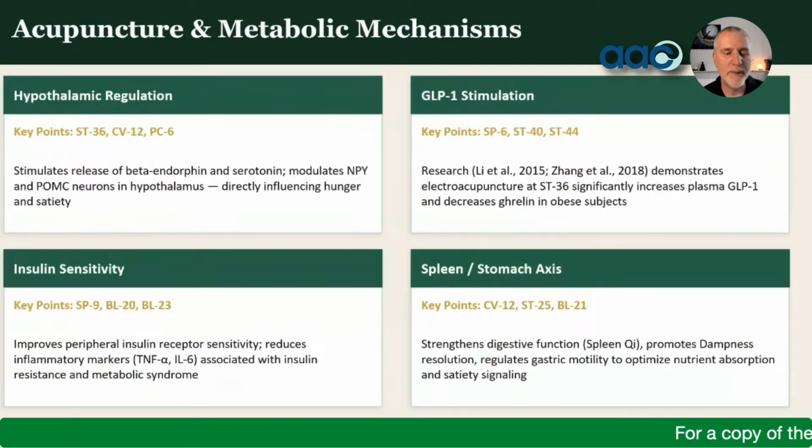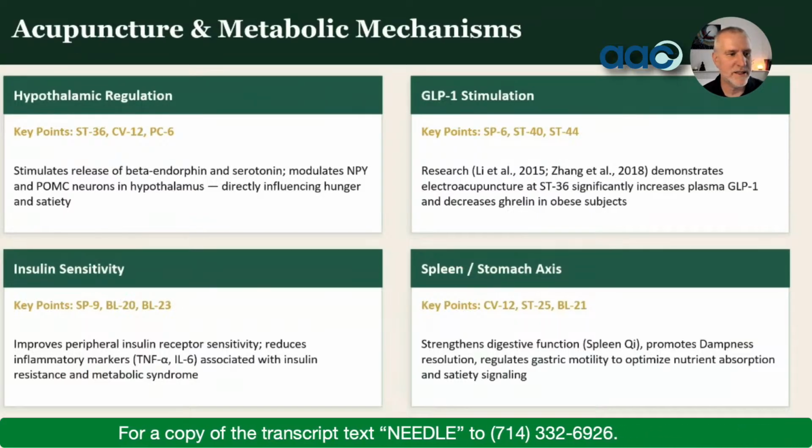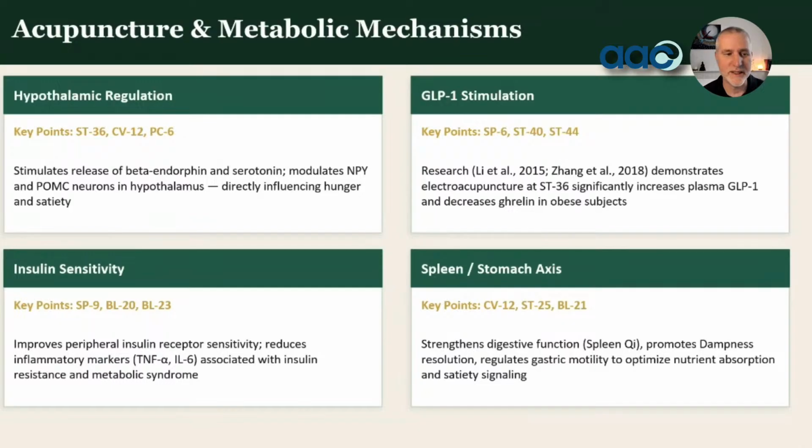I also wanted to point out some acupuncture and metabolic mechanisms. We have hypothalamic regulation by stomach 36, CV12, and pericardium 6.